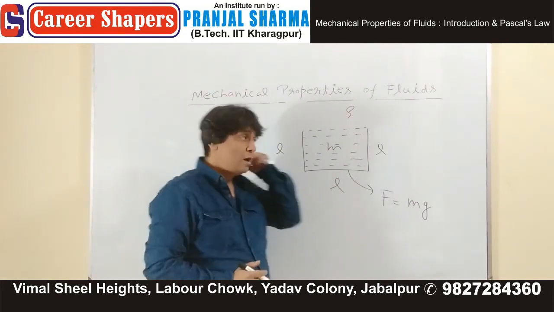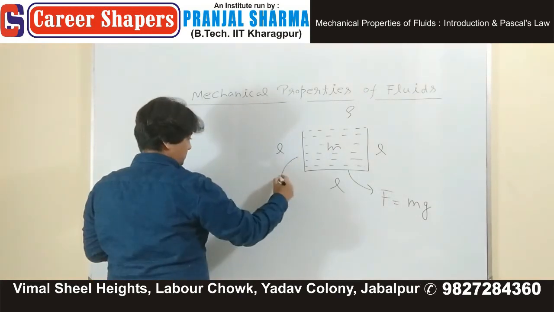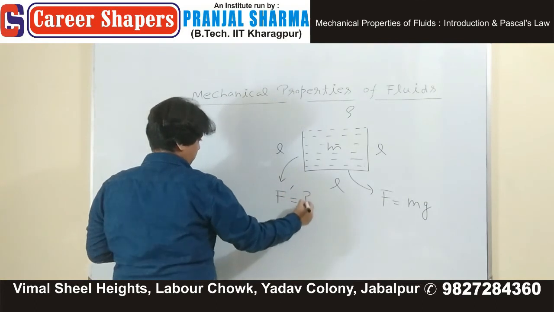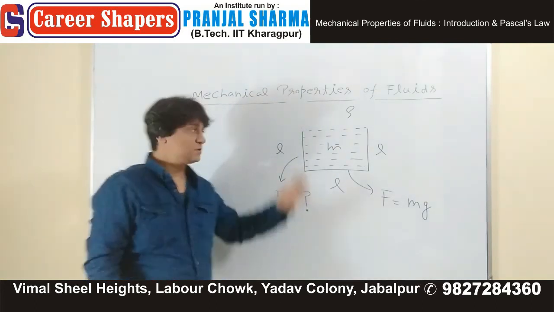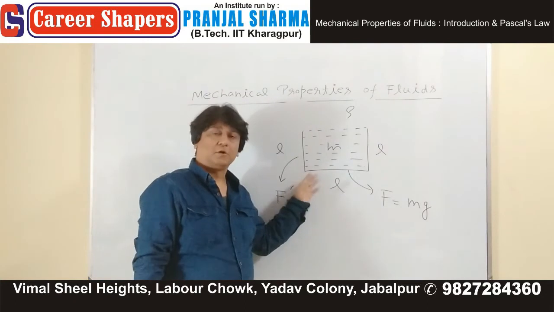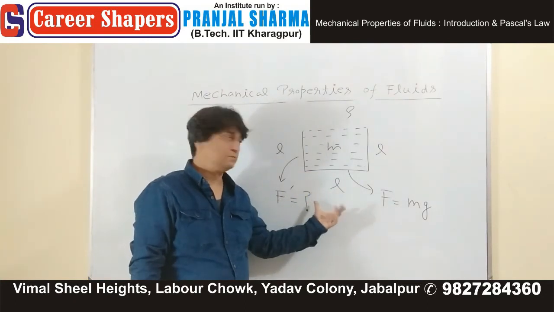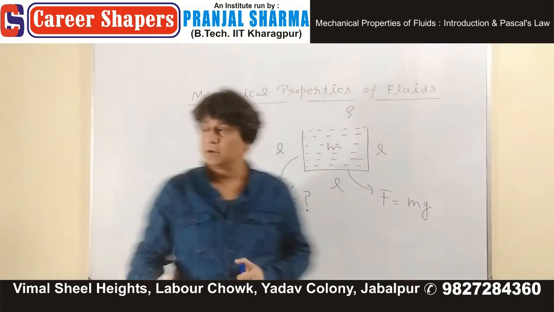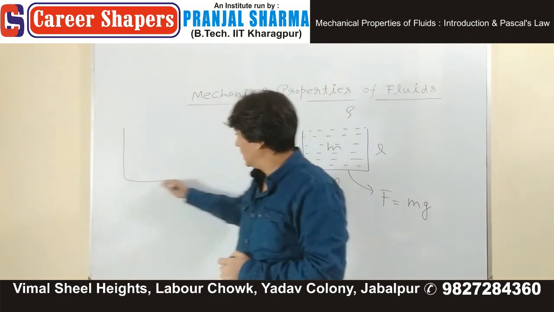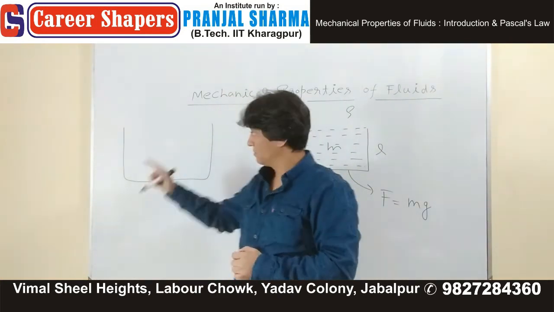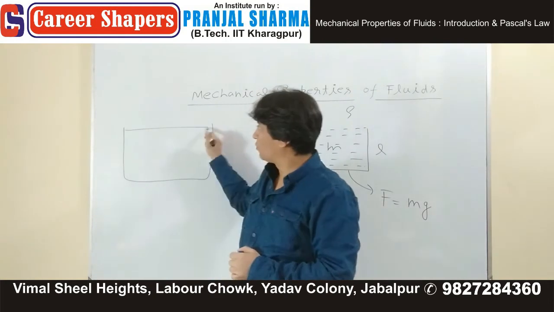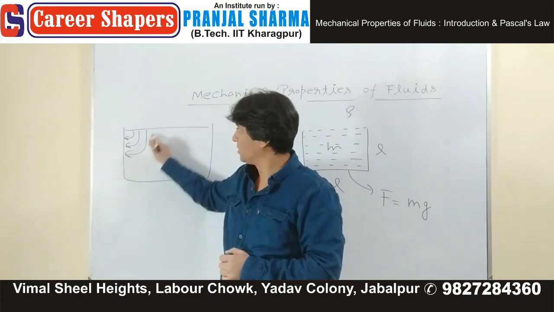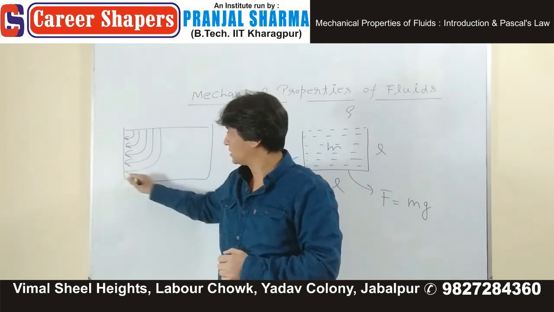Now, what is the force on this face? F dash. This side face is also experiencing some force. Why? Because all the liquid which you see is creating a pressure in this form. Watch, all the liquid will give pressure here, here, here, and on this side also.